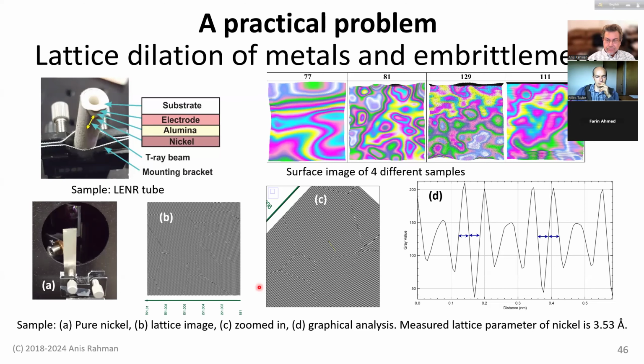So first of all, if we focus on the surface, the surface morphology for the 4 different samples is different. These samples were numbered not by us, but by the manufacturer: 77, 81, 129, and 111.